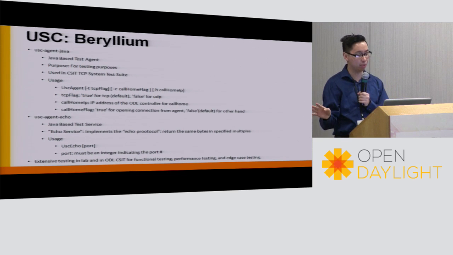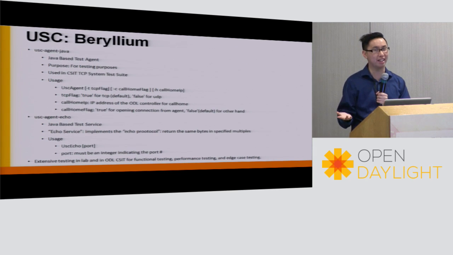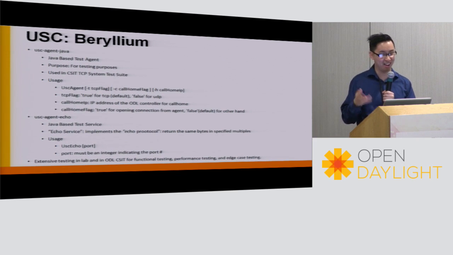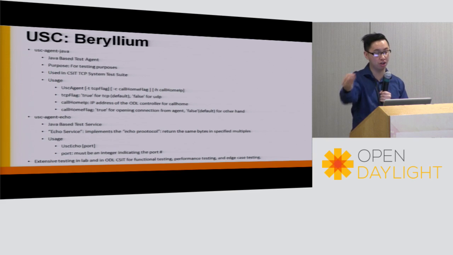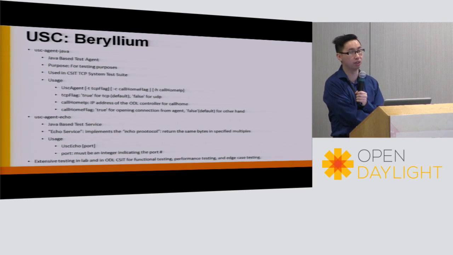In this case, we implemented something called an echo service, which doesn't really do anything other than echo the same bytes that it receives through what we call the echo protocol, which is just a funny way of saying we're just going to return the same bytes in some sort of specified multiples. And the usage for it is you would specify your USC echo with the port of the service.